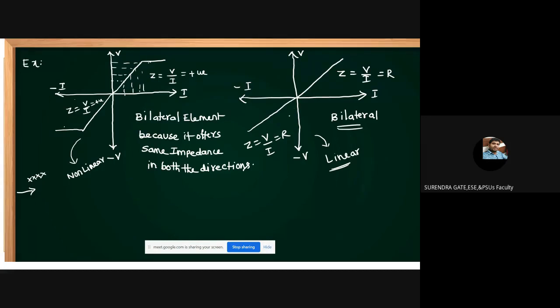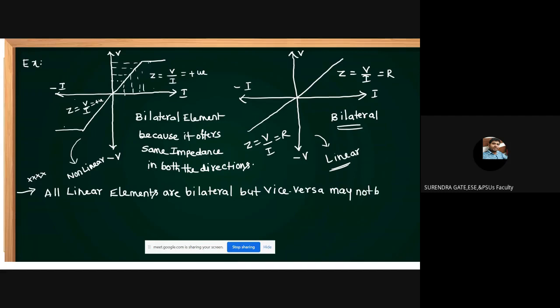You take any linear element, it is bilateral. But this one is bilateral; is it linear? No, it is non-linear. That's the reason why this statement is important: all linear elements are bilateral, but vice versa may not be true.